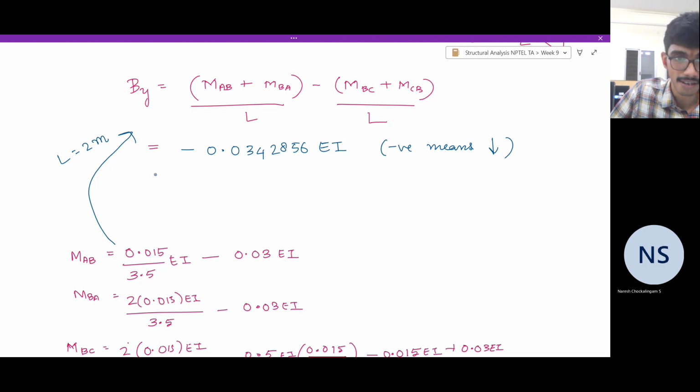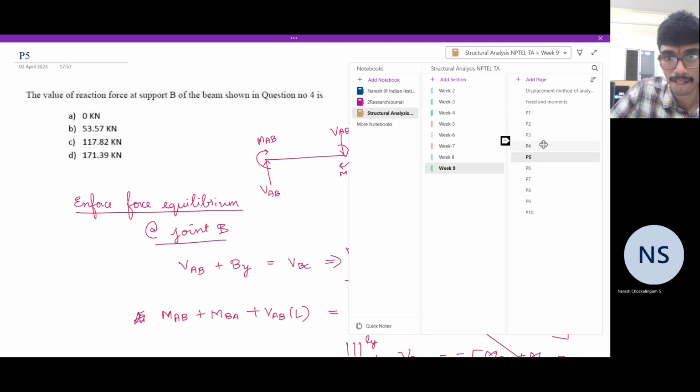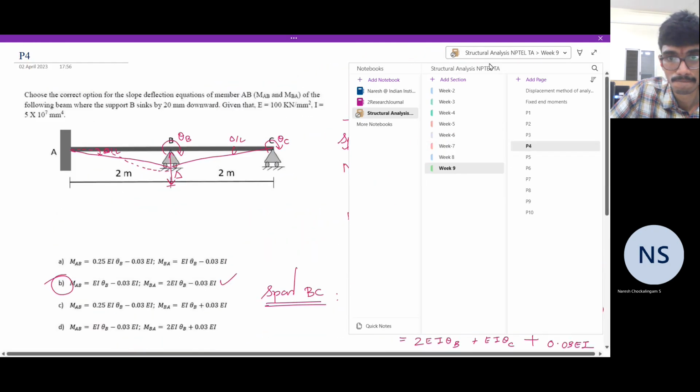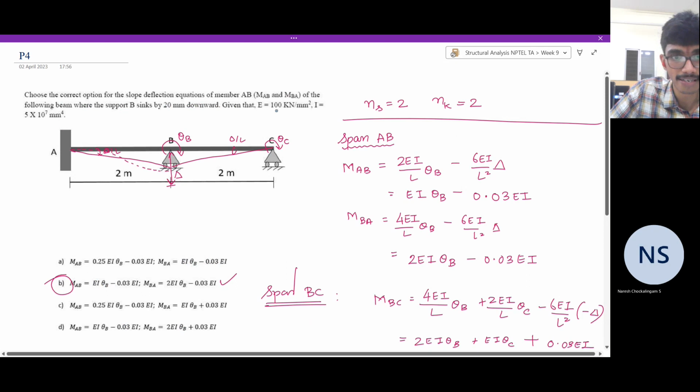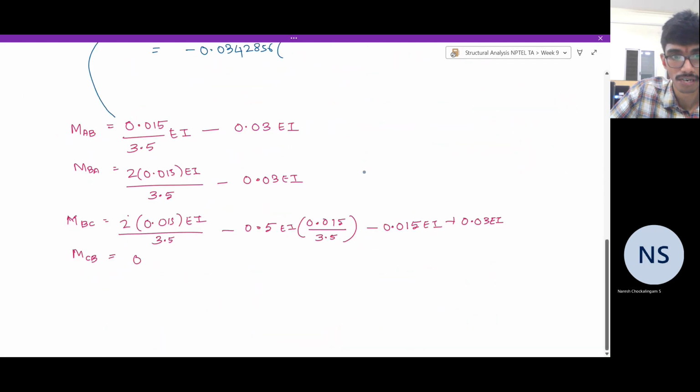So if you substitute the value of EI, you get minus 0.0342856 into E, which is given as 100 kilonewton per mm square, and I is 5 into 10 power 7 mm to the power 4. So convert it.